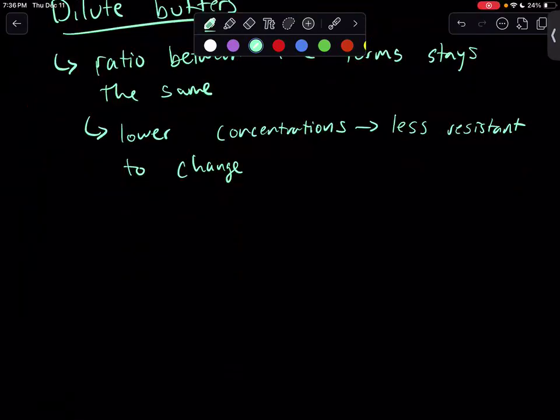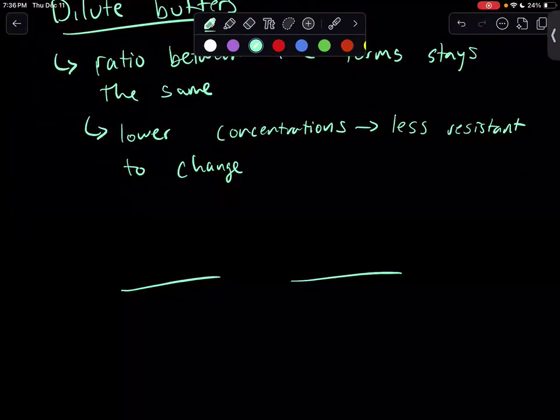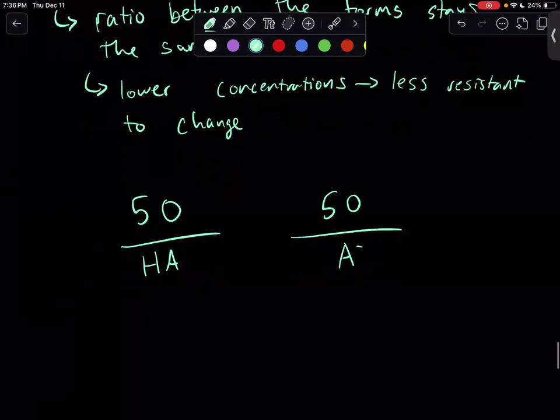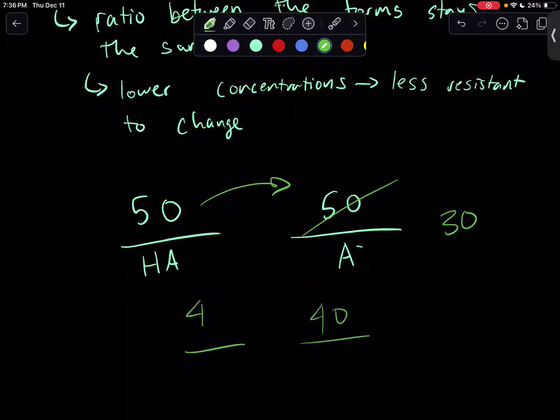You can generally think about it as if your standard buffer starts with 50 and 50 of your HA and your A minus. If you remove some of this, maybe this gets changed to 30. You can respond by donating 10 over, and your new is going to be like 40 and 40.